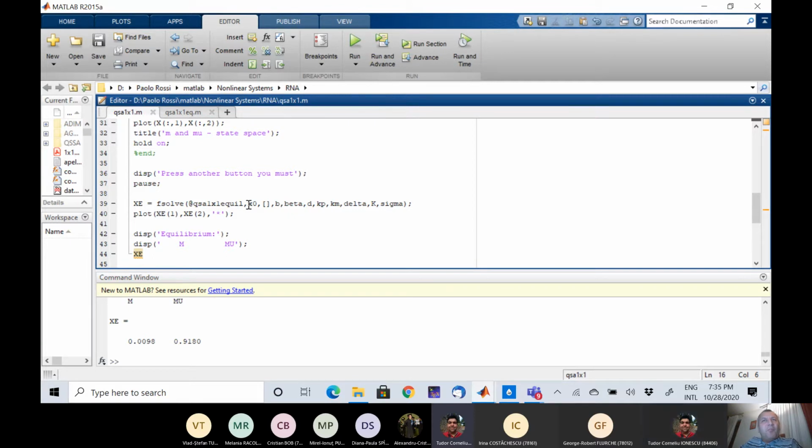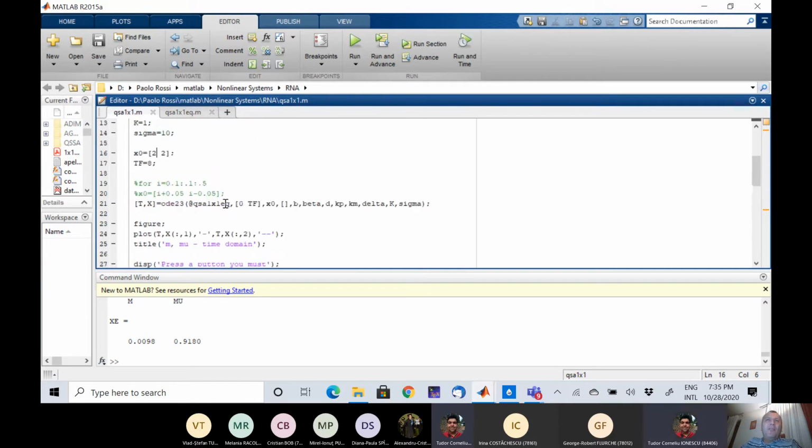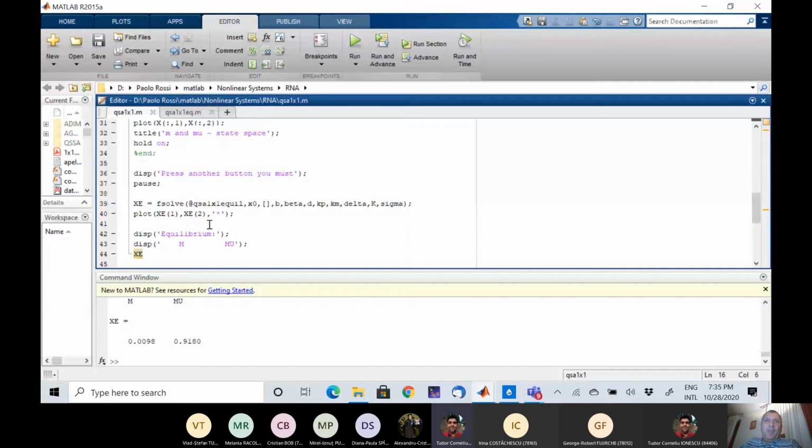But you see very clearly that the interface looks very much alike to the interface of ode45. You need to put the equations, or the function for which you find the zeros, in another file to describe it. And then you have an initial starting point. You have a vector of options, tolerance, where the routine should stop, etc. And then you have all the necessary parameters.